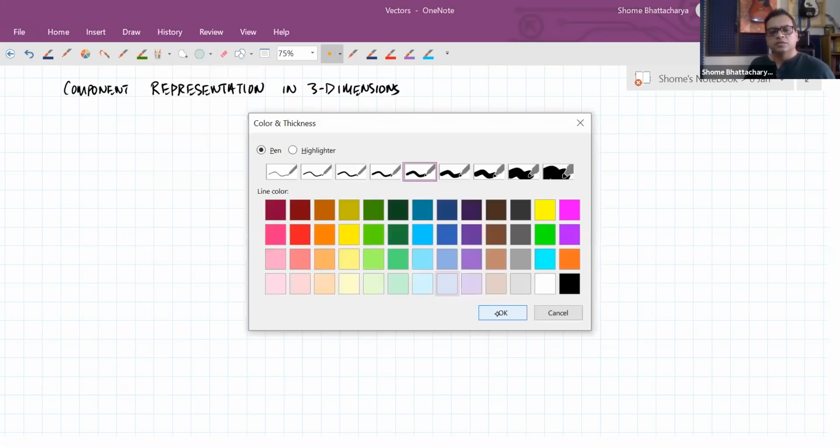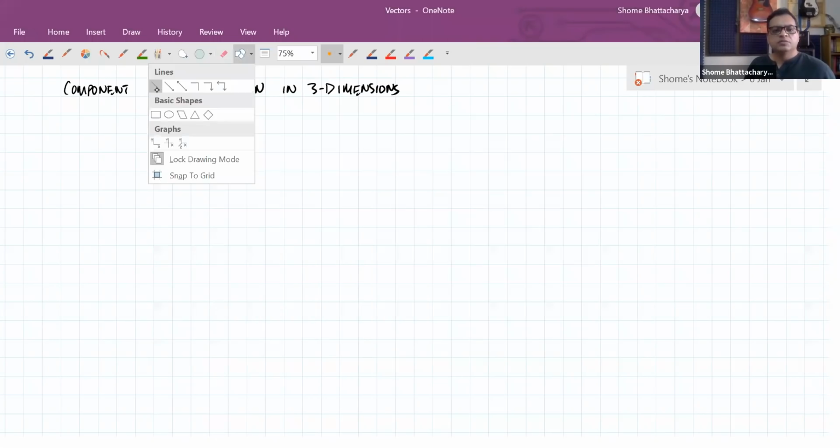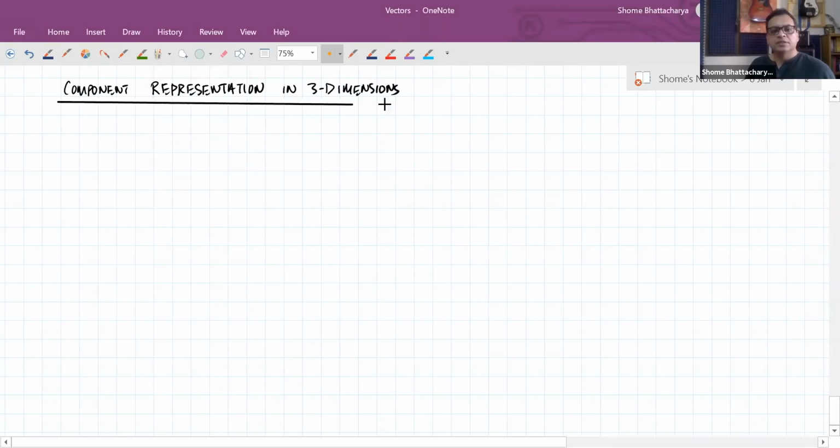So this is where we have to really put in some effort to visualize a vector in 3 dimensions. First of all, when we represent a vector in 3-dimensional component notation, it will have 3 components: an x component, a y component, and a z component.